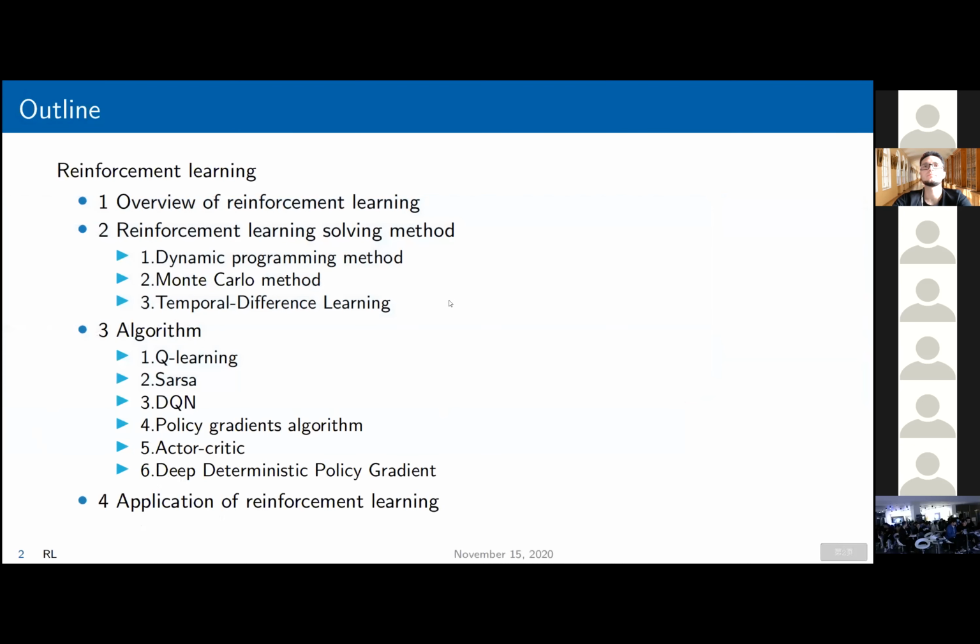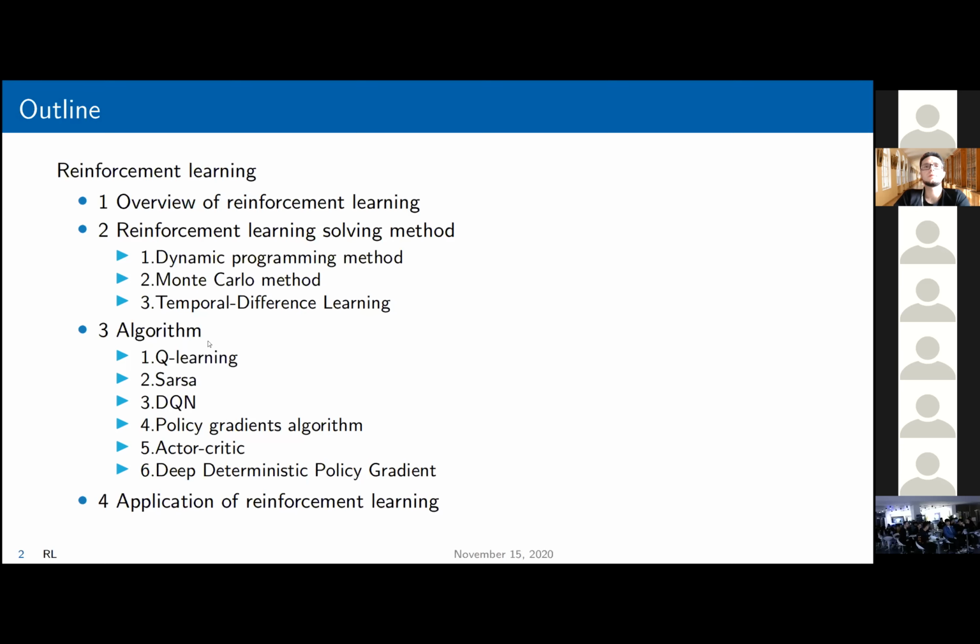There are four parts in my report. The first one is an overview of reinforcement learning. The second one is reinforcement learning solving methods: the dynamic programming method, the Monte Carlo method and temporal difference learning.